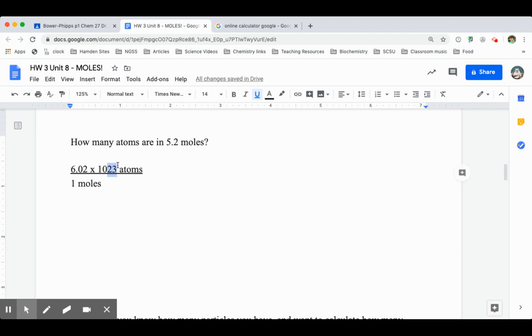But because I want 5.2 moles, I multiply by 5.2 moles. And this, to turn this into a fraction, over 1. Now my moles are in the top and in the bottom, so they cancel out.